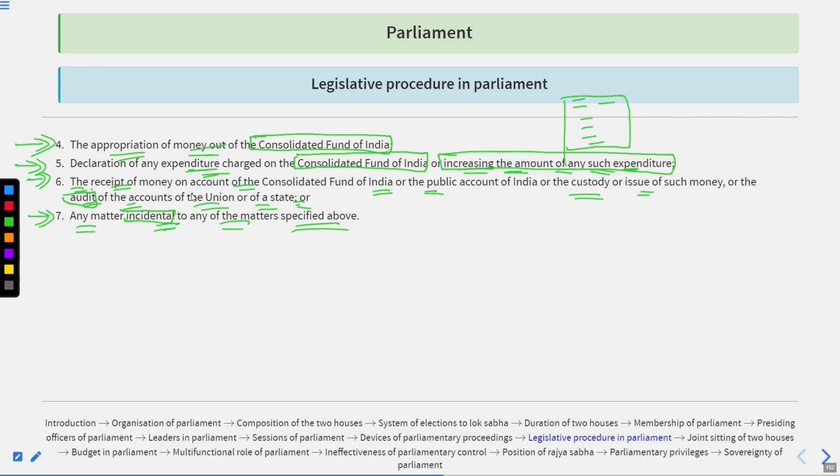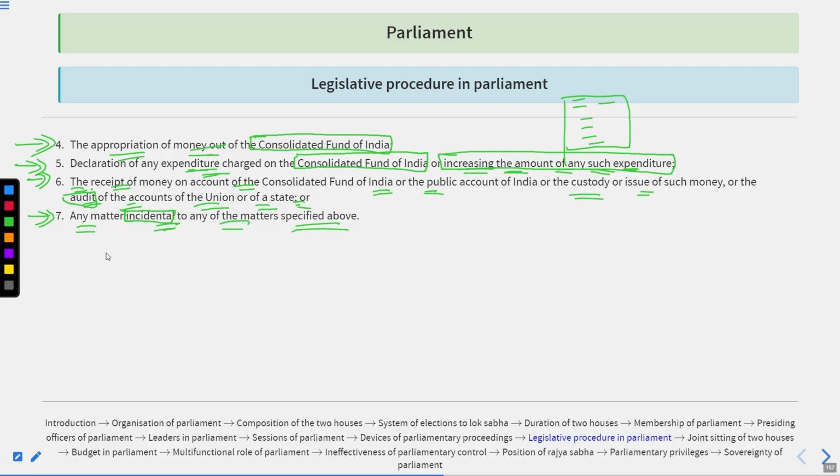The receipt of money on account of the Consolidated Fund of India or the Public Account of India or the custody or issue of such money or the audit of the accounts of the Union or of a state. And any matter that is incidental to the matters specified above. It doesn't matter whether these matters are present directly, but if any incidental coverage is there, then it will automatically be considered a part of the money bill.